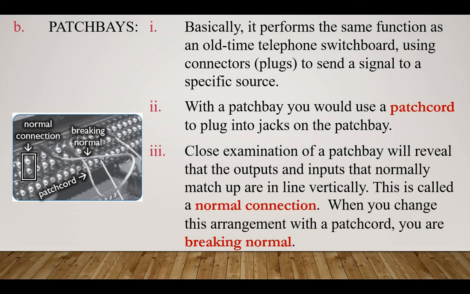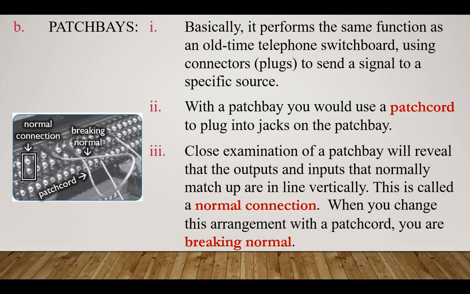You take a 1/4-inch plug, you plug one end in to the source, you plug the other end in to its destination. And the cord, we call it a patch cord. It's a 1/4-inch cord. Close examination of a patch bay will reveal that the outputs and inputs that normally match up are going to be in line vertically.